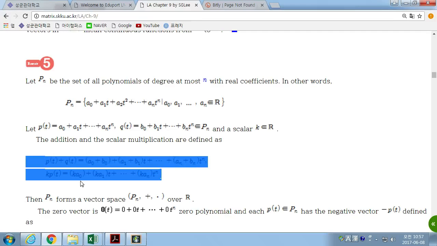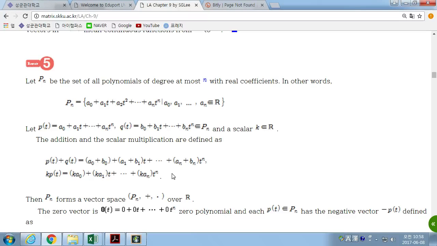Addition of two polynomials is another polynomial of degree at most n. And a scalar multiple of a polynomial of degree at most n is also a polynomial of degree at most n. So it satisfies the two basic laws and also all 8 properties. So it satisfies 10 properties.